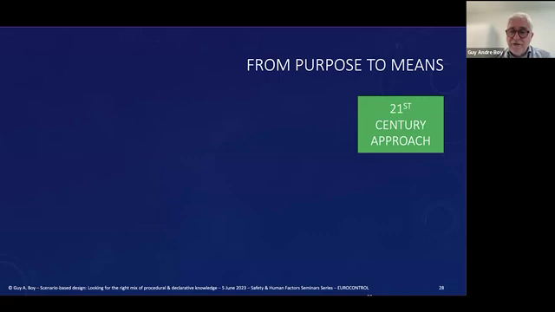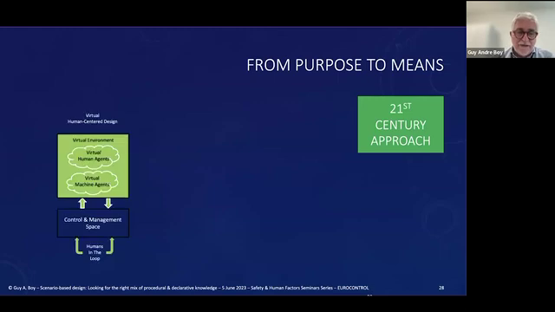21st century, we can go from purpose to means. This is where scenario-based design enters into play. So in fact, instead of waiting long to test the system, the flight test, we can start from the early stage of the design. The approach is called outside in.